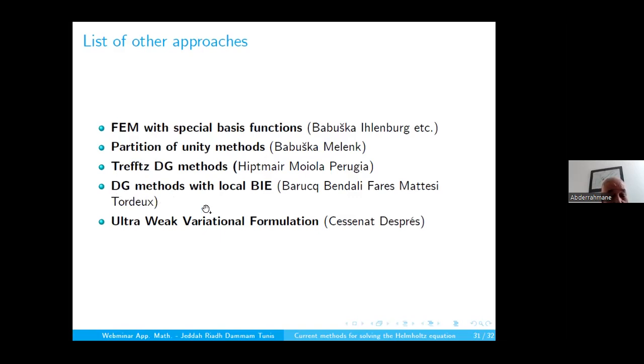This DG method, when you construct the local functions by boundary integral equation, reduces the pollution effect. And the ultra-weak variational formulation, which is a particular but very special method, part of the third degree method.